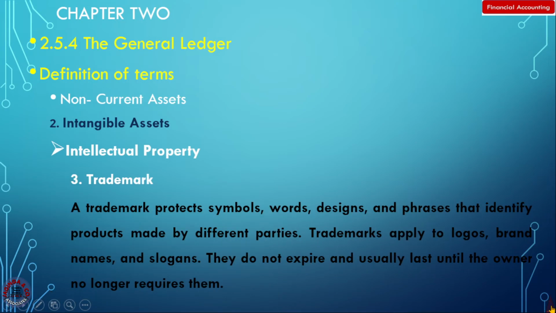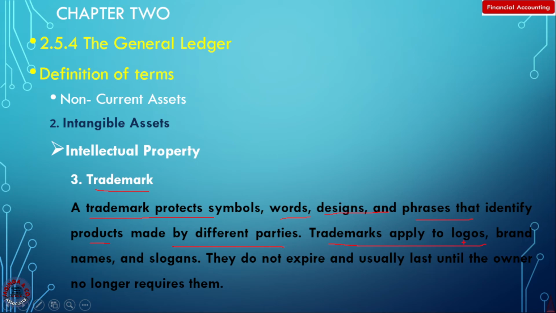So again, what do you mean by trademark? When you talk about trademark, we mean here a trademark protects a symbol. When you come up with a symbol, you'll have a protection right to that symbol. So a trademark protects symbols, words, designs, and phrases that identify products made by different parties.